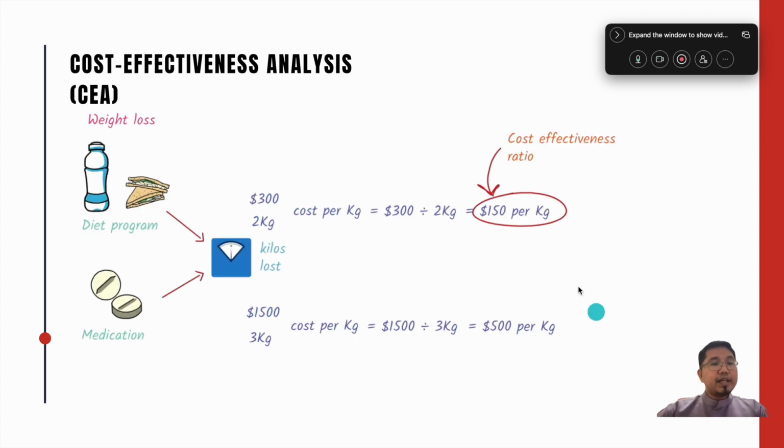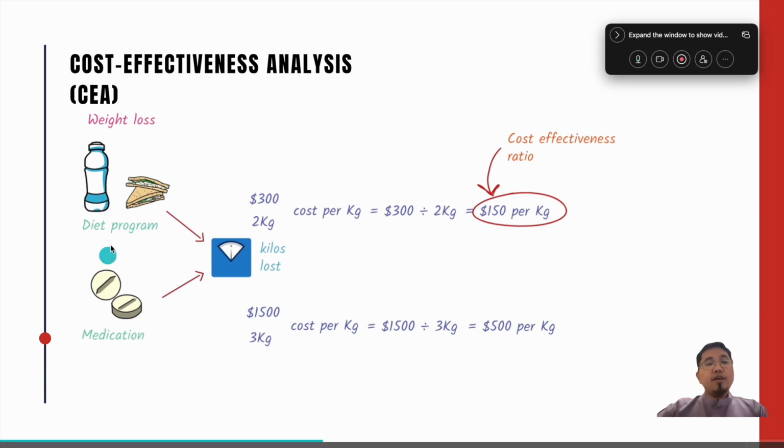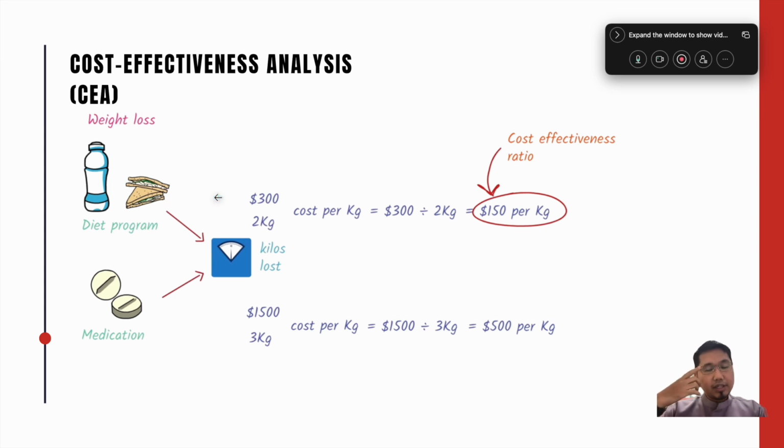Okay, so in this slide we already measure all the key points, I mean the cost analysis, and also the health outcome, and also the cost effectiveness ratio. So like here in the program of weight loss, we have these two interventions, diet program and also medication. For the diet program, we calculate the cost, we got 300, and the medication 1500.